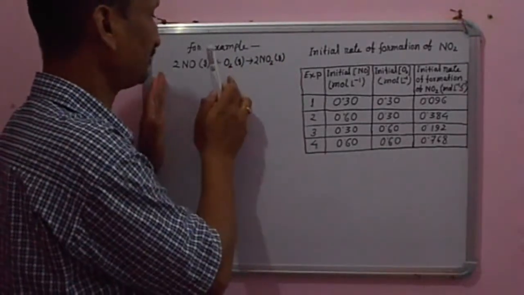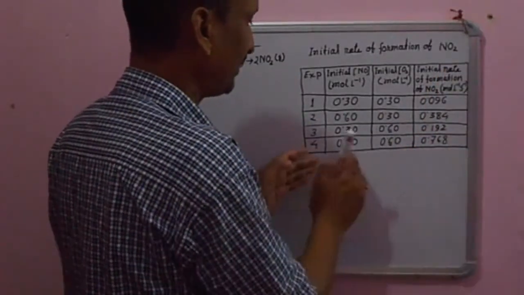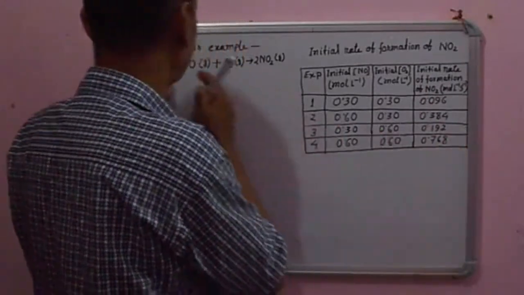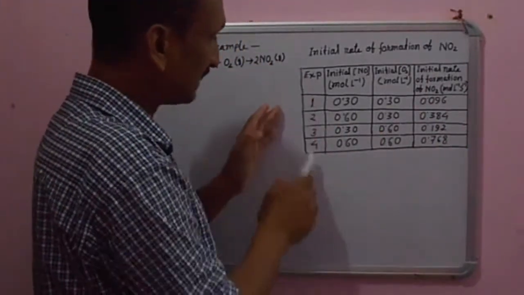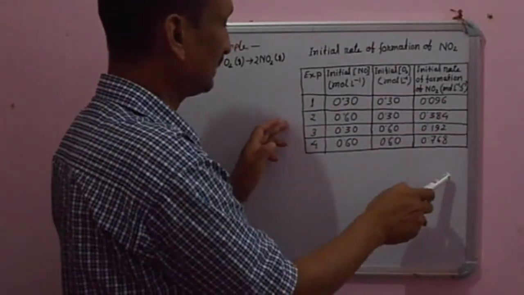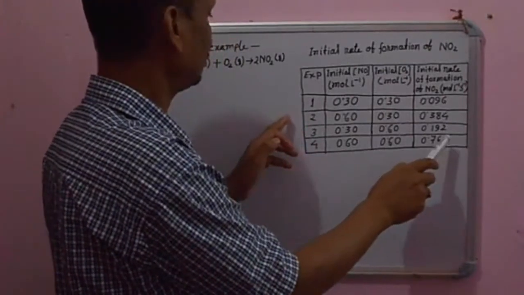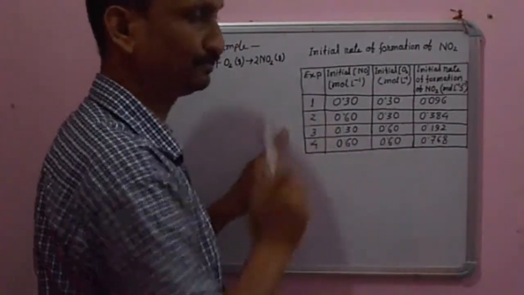It is always obtained from the experimental result. Here the experimental results are given, and from this data we can determine the rate law for this reaction. So now we will analyze the experimental result here, and how from that experimental result we can determine the rate law for this reaction, that we will see now.